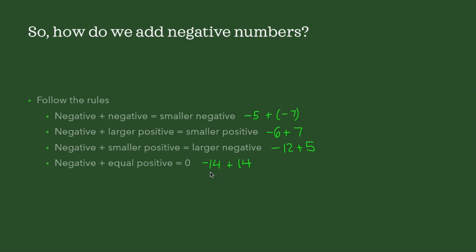So this will equal 0 because these cancel out. But why would these cancel out? Well, adding a negative is the same thing as subtracting a positive. So this is in fact 14 minus 14, which is also equal to 0.